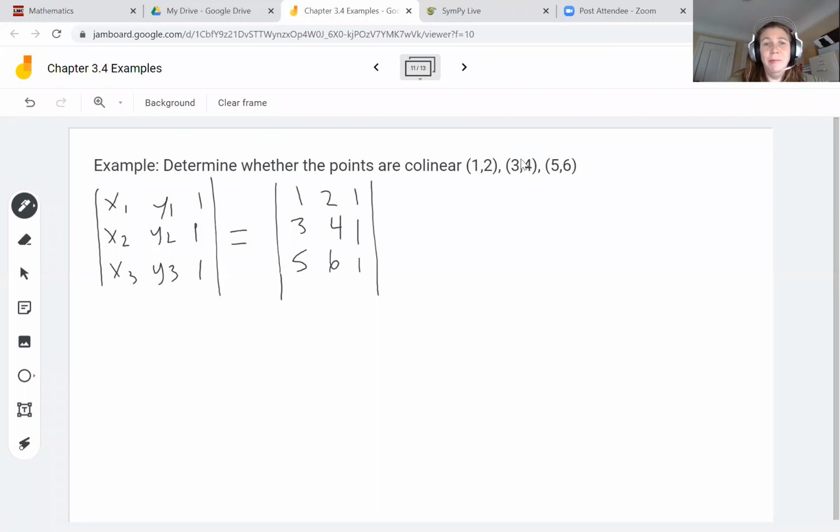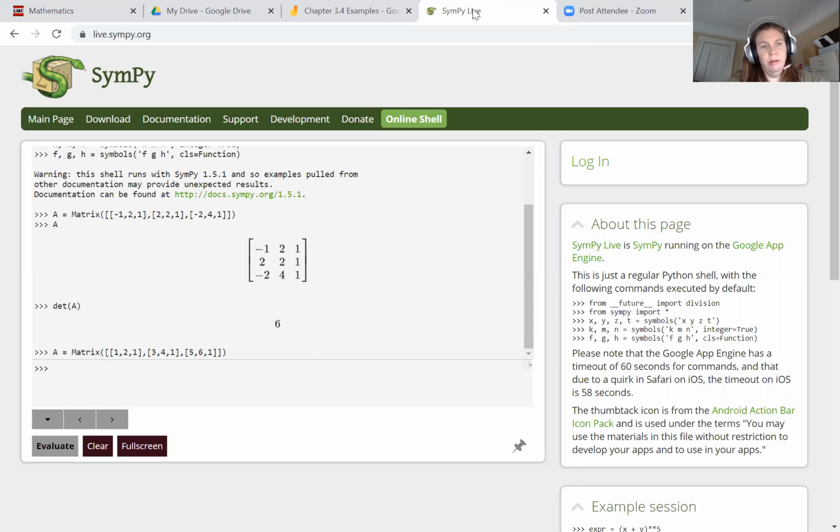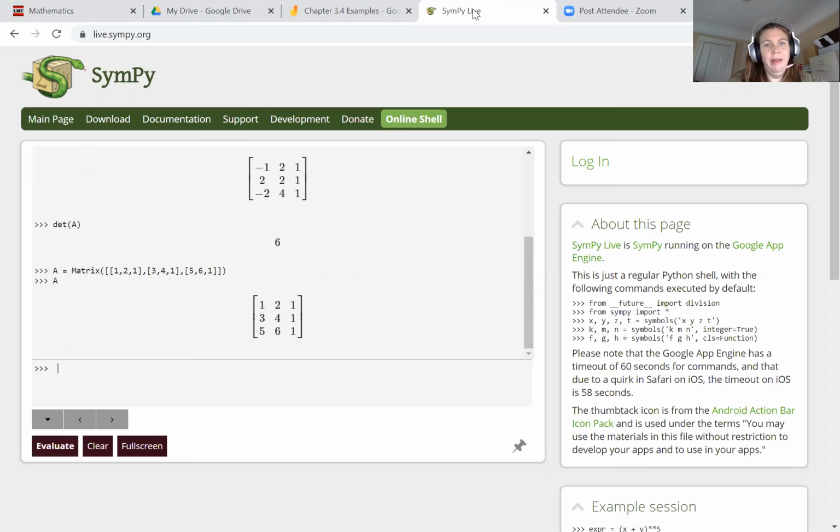Let's head into SymPy to calculate the determinant of this matrix. Now I'm going to be lazy and I'm going to arrow up to when I created matrix A, and then just go ahead and replace the values in this matrix. So these points were 1, 2, and then of course a 1 in the third column, 3, 4, and then a 1 in the third column, and 5, 6, and then a 1 in the third column. So my new matrix A matches the matrix I've constructed to check if these points are collinear.